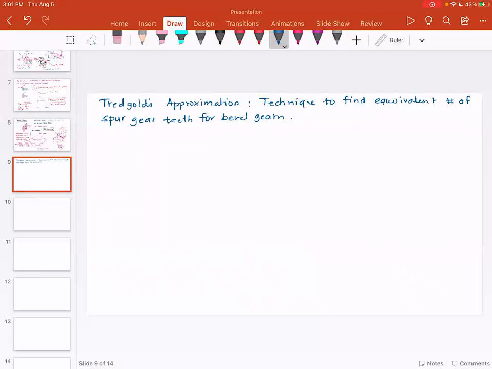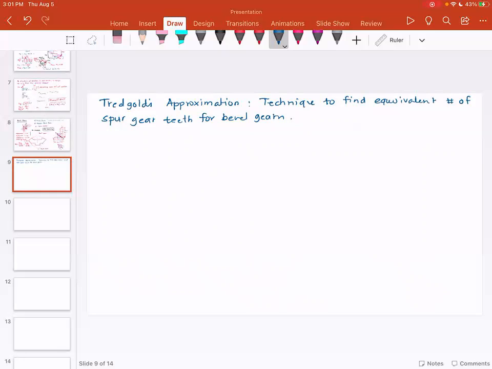So in other words, it sort of becomes the surface of a sphere. And that geometric approximation to construct a spur gear profile from a bevel gear profile is Tredgold's approximation.